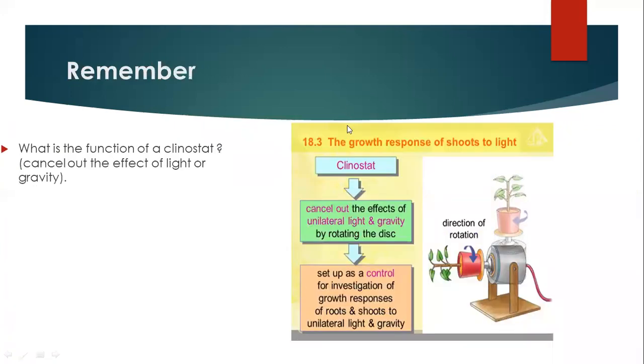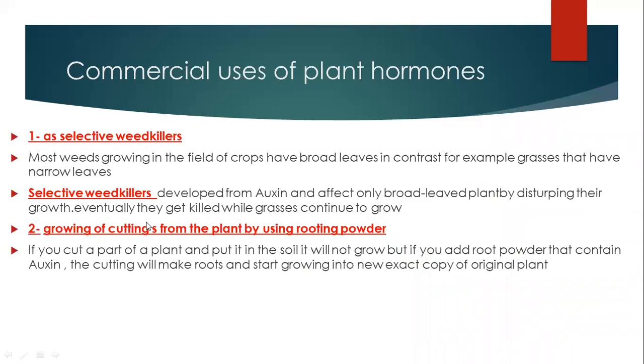So the clinostat cancels out the effect of unilateral light or gravity. If you need to cancel the effect of light or gravity, move the clinostat. Because we are rotating the plant, the plant will not feel gravity; we eliminate its effect. This is the function of the clinostat.